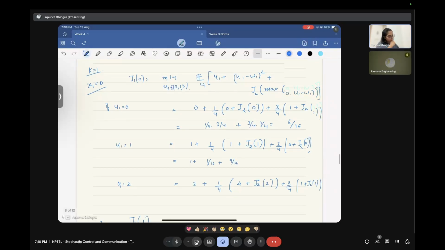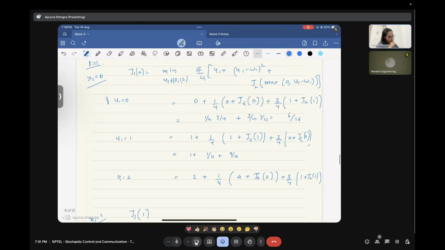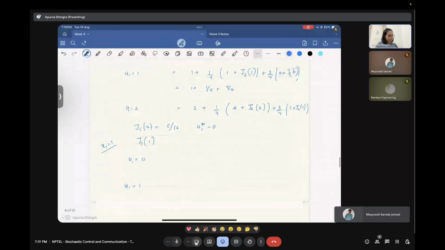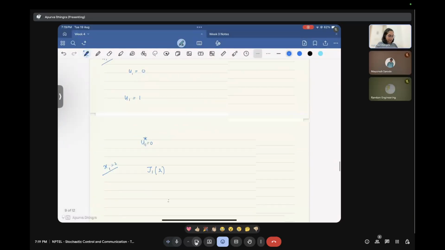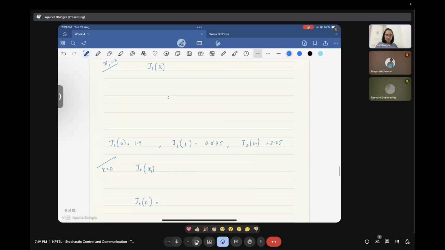The optimal is j1 of 0, optimal is 6 by 16 for u1 star equal to 0. Now you're supposed to just repeat the same process for j1 of 1, j1 of 0, and j1 of 2, for all of them.